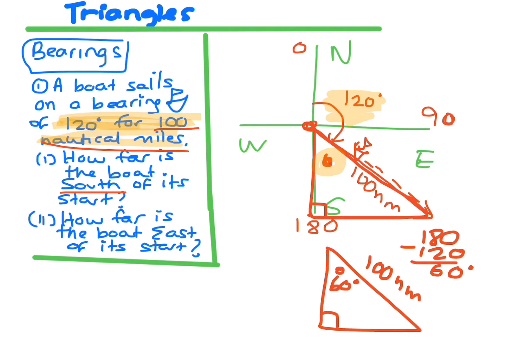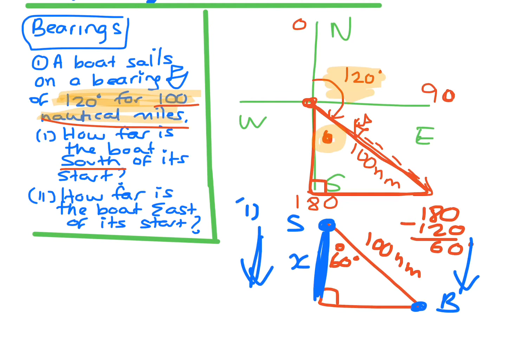Now, how far south is the boat from its start? So there's the start, and the boat's here. So south is like that direction. It's going straight down. So on your triangle, that would be how far south the boat has gone. So you put an X there. And now, when you're looking at that, the X is adjacent, and there's the hypotenuse. So you've got A on H, and A on H is cos.